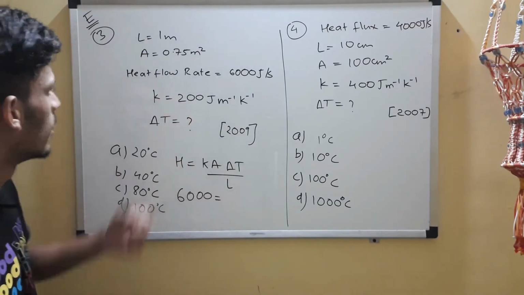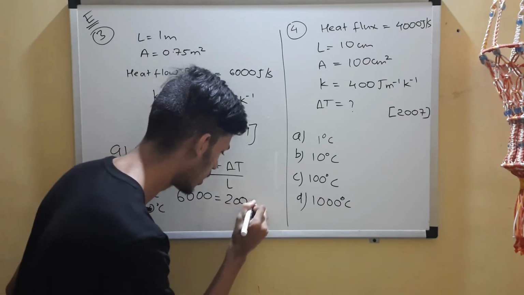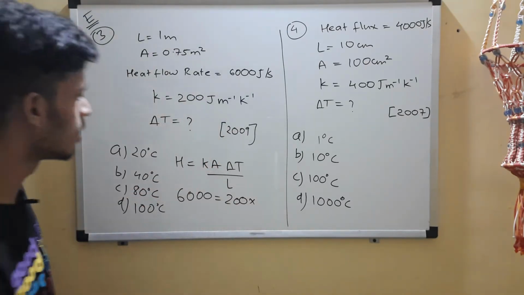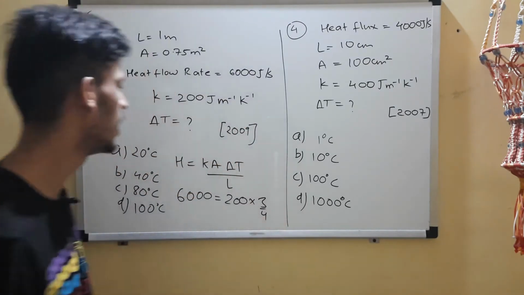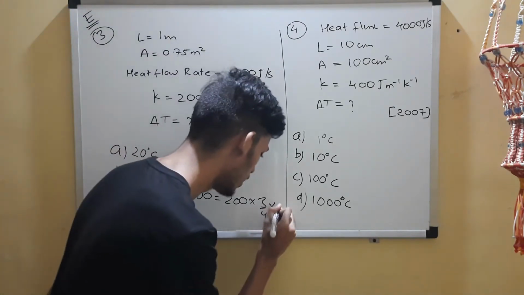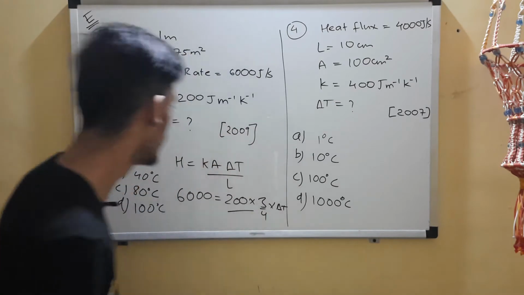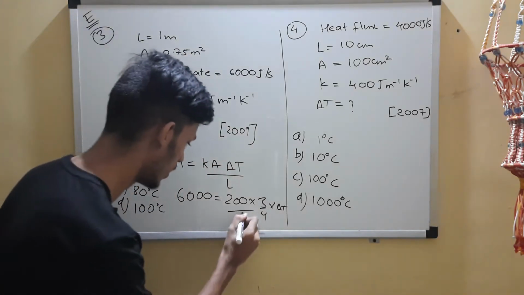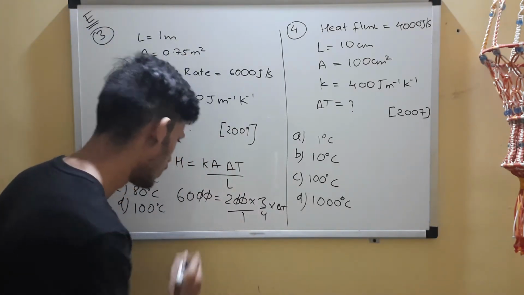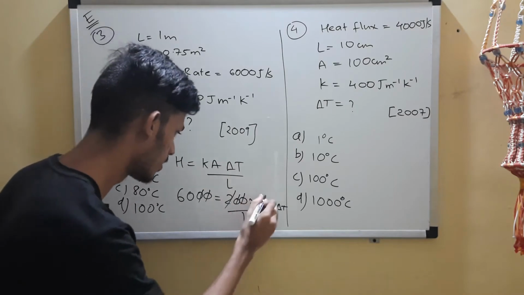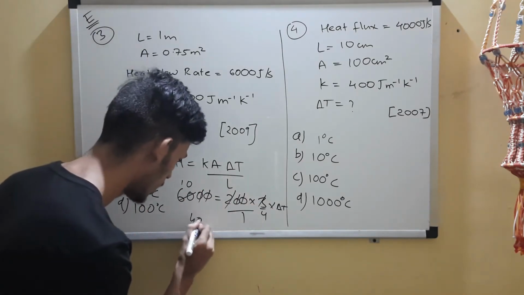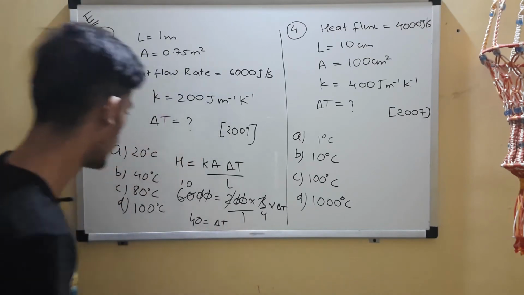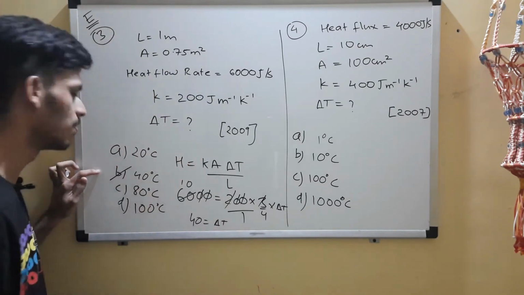K is the thermal conductivity, into area 0.75, which I can write as 3 by 4, into delta T, which we need to find, divided by L, the length, which is 1. So 2 3s are 6, cancels with that, 10, and that will be 40. 40 degrees Celsius will be the temperature change.